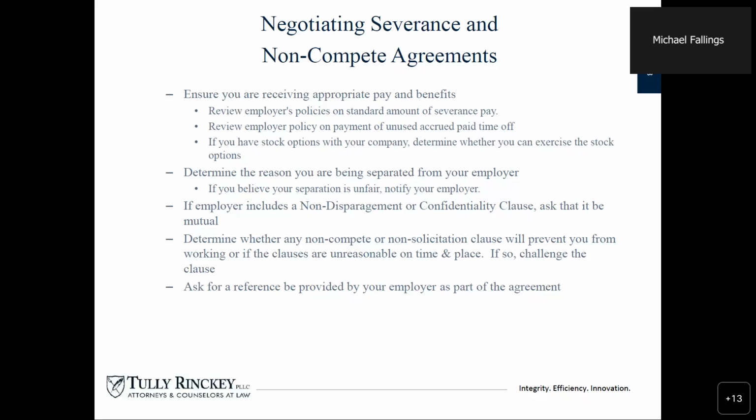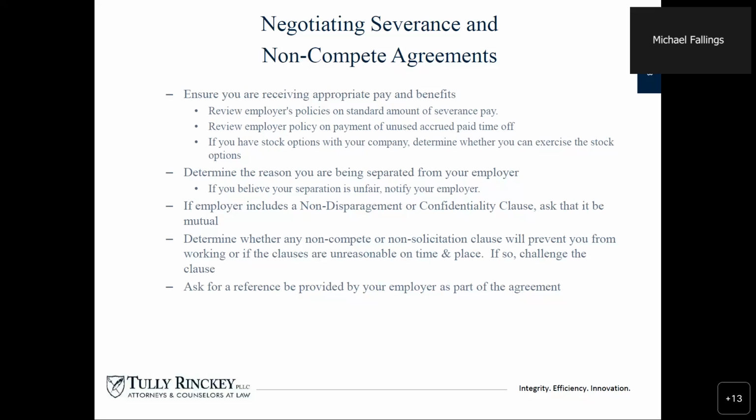If you believe, for example, that your separation is due to some kind of differential treatment, such as discrimination or retaliation, you should make that known to your employer, or you should consult with an attorney who could advise you of your rights of filing a type of claim.